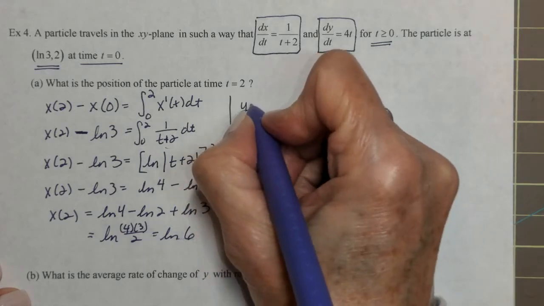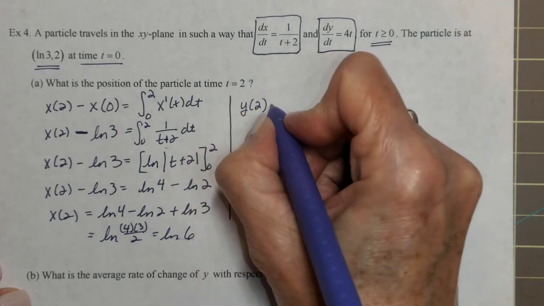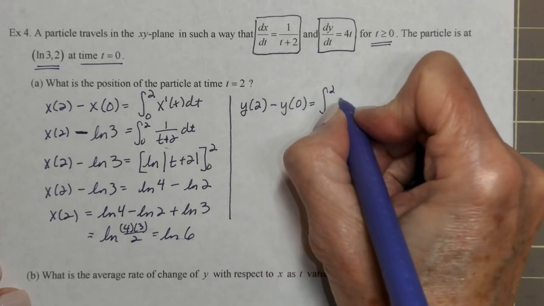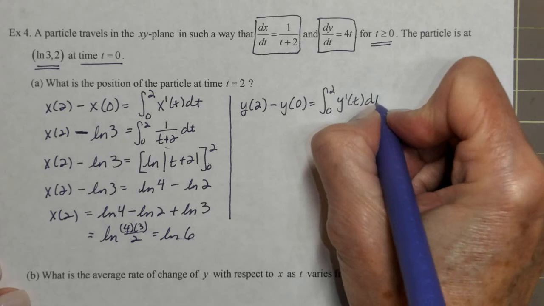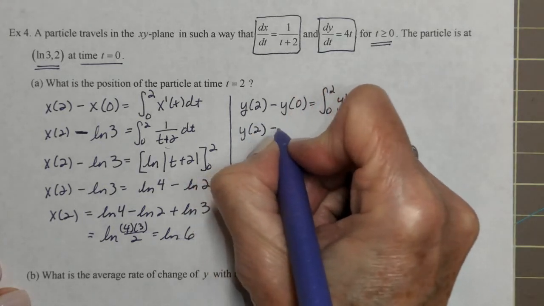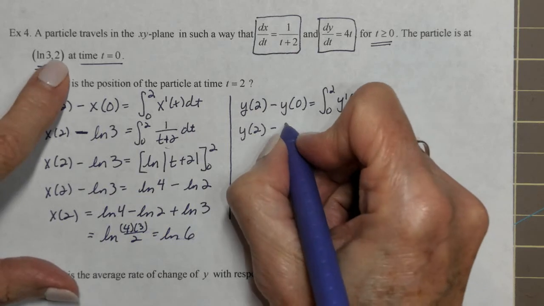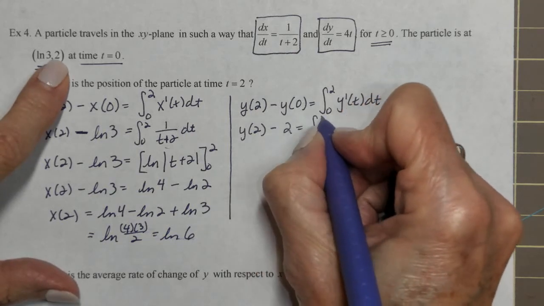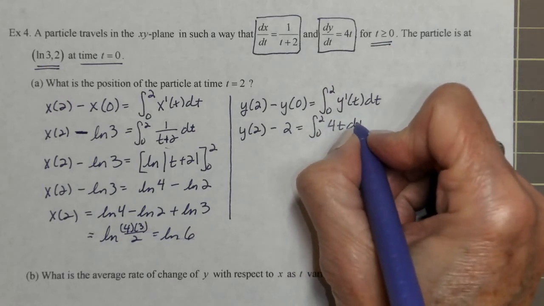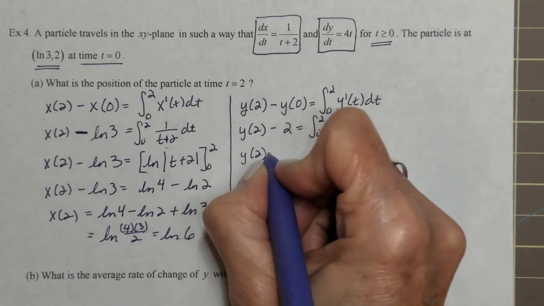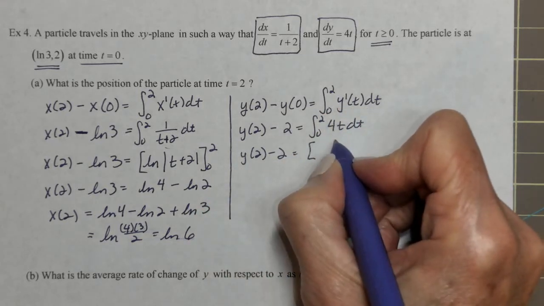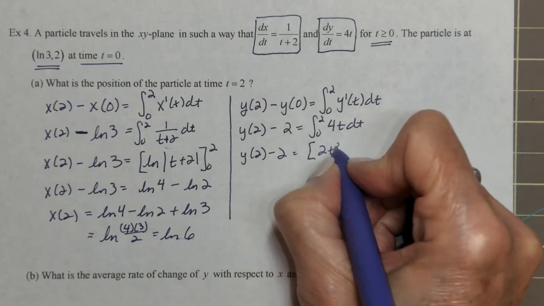Now we're going to find the y coordinate of the position when the time is 2. So set up the fundamental theorem for y. We know the y coordinate at time 0 is 2, and we know what y prime is, dy/dt. The antiderivative of 4t is 2t squared.